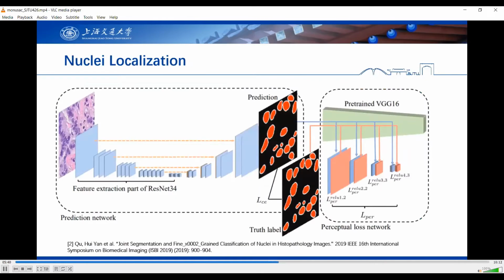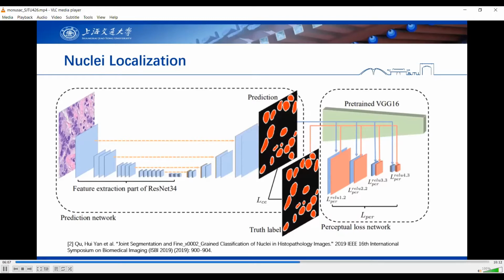The nuclear localization network consists of 2 parts: the prediction network that generates the segmentation masks of all nuclei, and the perceptual loss network that computes the perceptual loss between the predicted label and ground truth label. The prediction network is the encoder-decoder structure based on UNet.